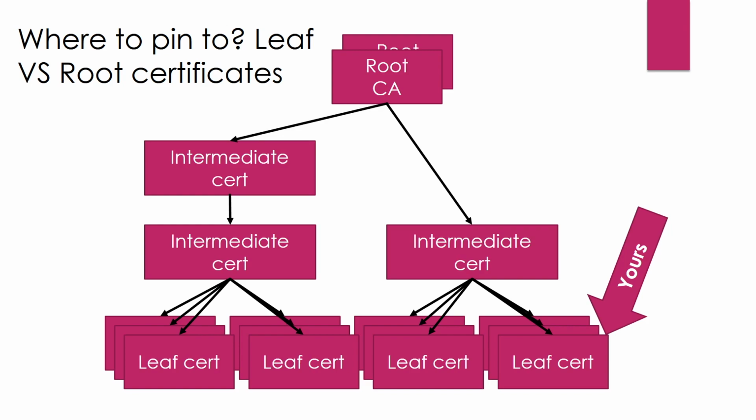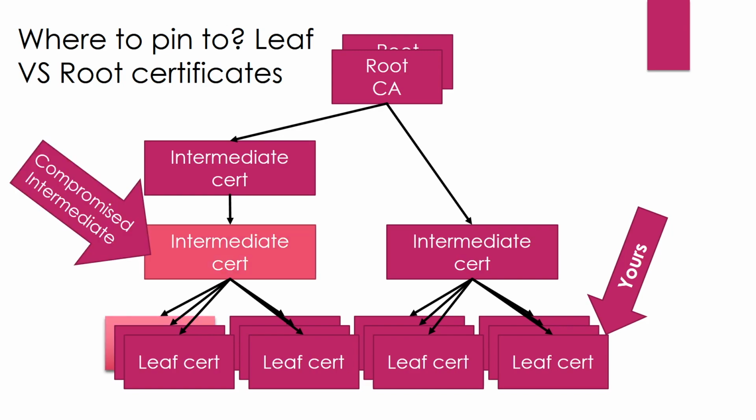What would happen? And before we discuss that, all of a sudden one of our beautiful intermediates got compromised. And they start giving out leaf certificates for your domain. So what are you going to do? Well, if you've pinned on the root CA, this little buddy is still in the domain.